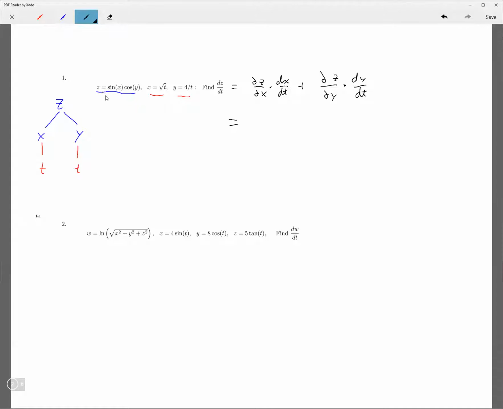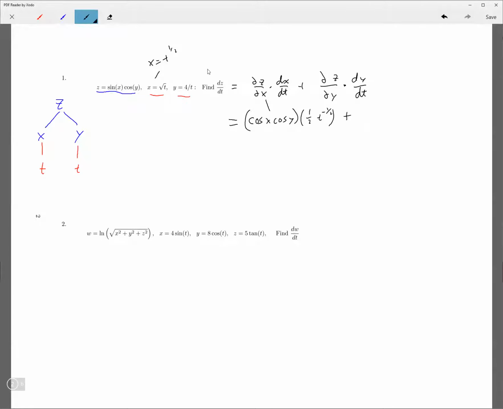And the partial here is going to be, you take the derivative of sine x, which is cosine x, times cosine y. That's that. This one, dx dt. What's this? t to the 1/2. So that's going to be 1/2 t to the minus 1/2. And then this one, dz dy, I'm sorry.